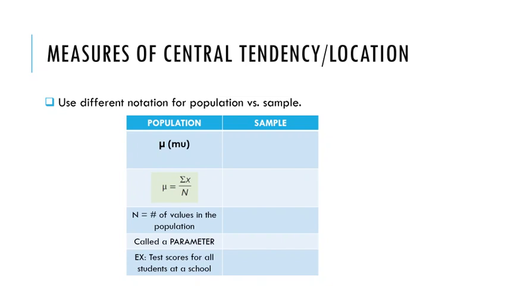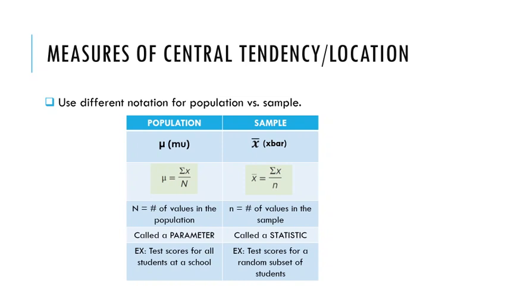But if we're talking about a sample instead, we use slightly different notation, and our sample mean is x bar. So you see x with that bar over the top of it, that's called x bar. So how do we calculate x bar? Well, it's really the same calculation, right? You see the sum of x divided by little n.